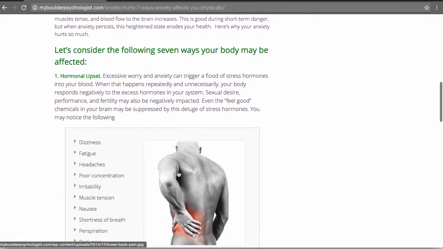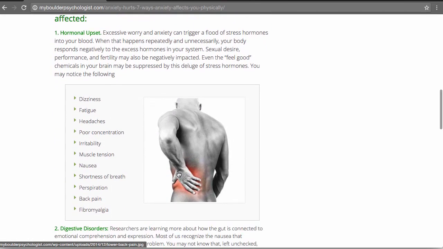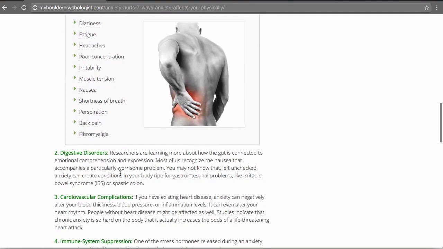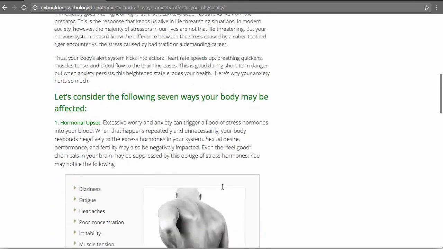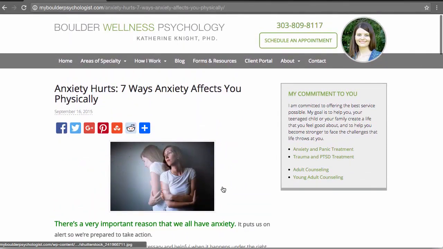Now I'm really on to something, because this person's talking about what our story is. Digestive disorders. Oh my God. There, IBS. Whoa. So boom, I'm there, right? This person is talking about it. So whoever this is, Catherine Knight, I'm calling you right now.